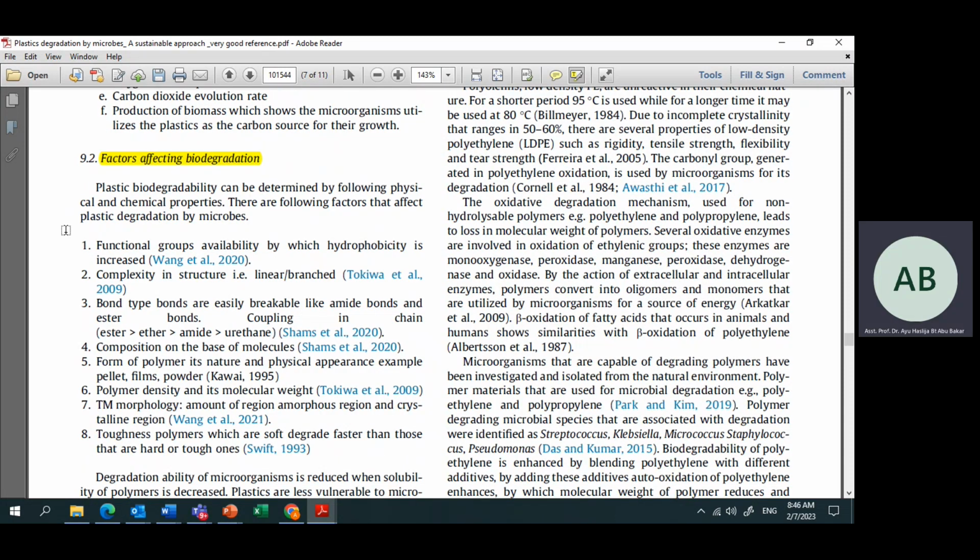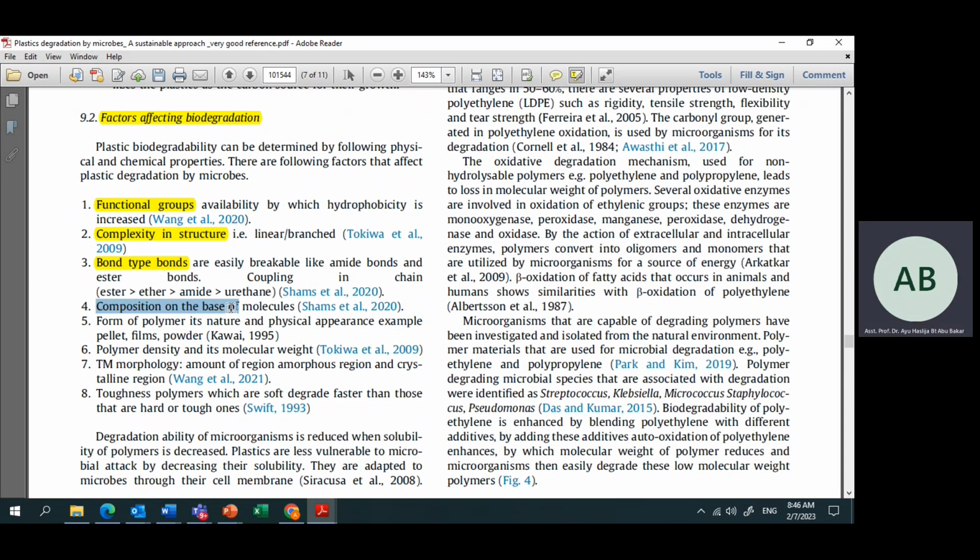There are a few factors such as functional groups, complexity in the structure, whether it is linear or branched. As in your organic chemistry, linear and branched will have different properties. Bond types, amide and ester bonds, have different properties as well.